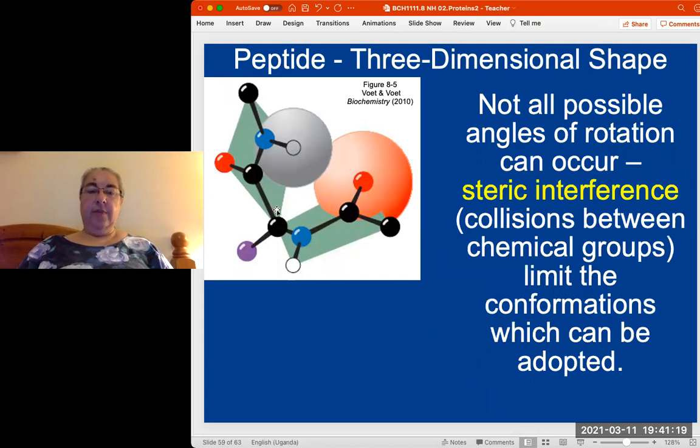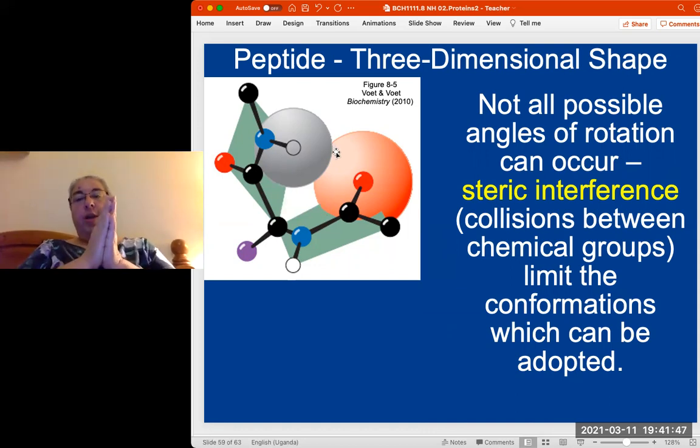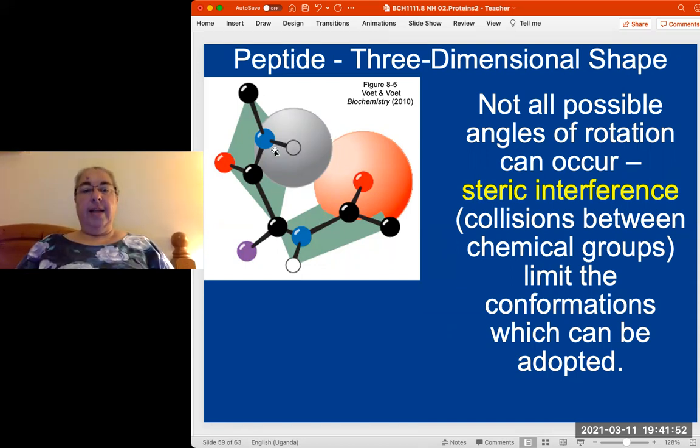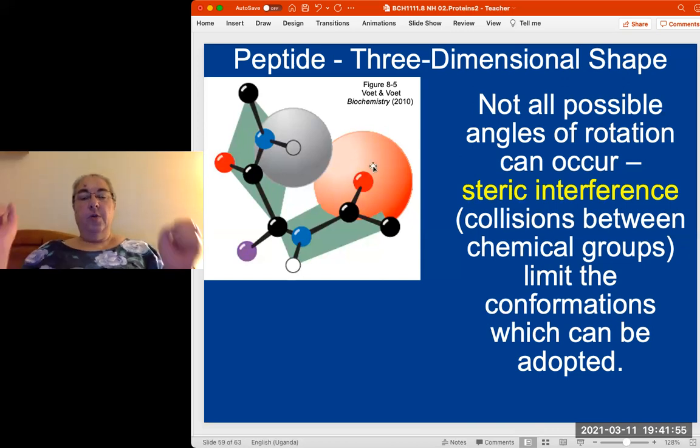So here is a diagram showing how bonds like this can fold up. And here we've got two R groups that are quite large. And you can see that as the polypeptide chain rotates near this alpha carbon, and as the amino acid residues are brought close to each other, if they were pushed really closely together, the atoms that are involved in the R groups would start being pushed in together.